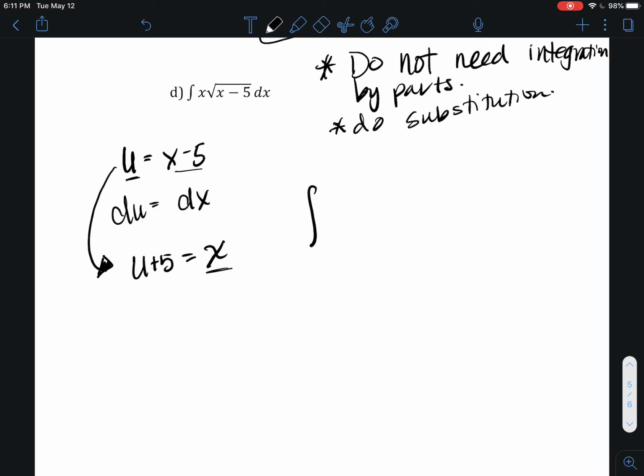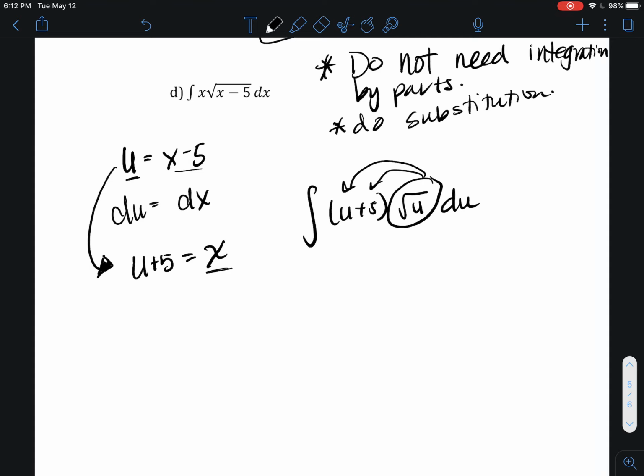Okay, so let's rewrite it. So the integral of u plus 5, and then times the square root of u du. Now here, I can do the distributive property and distribute to everybody inside the parentheses. The other way, I cannot take it out of the radical, right?